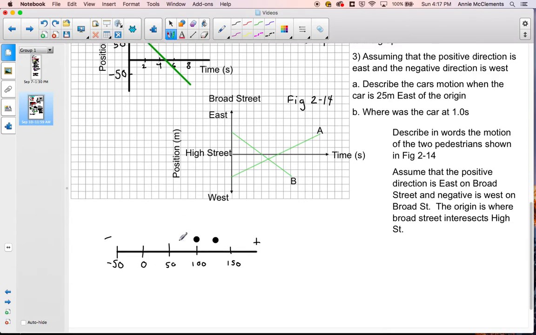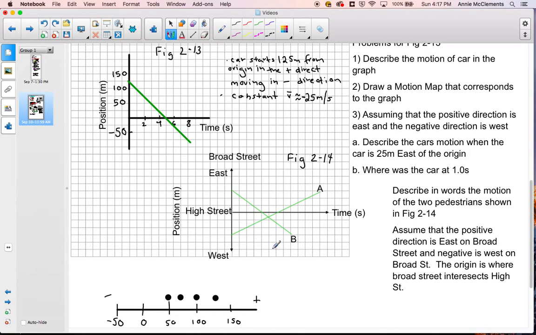Okay, so time 2, 75, 50 at about 3 seconds, so 1, 2, 3, that adds up. At 4 seconds, we're at 25 meters from the origin, and then at 5 seconds, we are crossing the origin. At 6 seconds, we are at negative 25 meters, and finally at 7 seconds, we are 50 meters on the negative side of the origin.